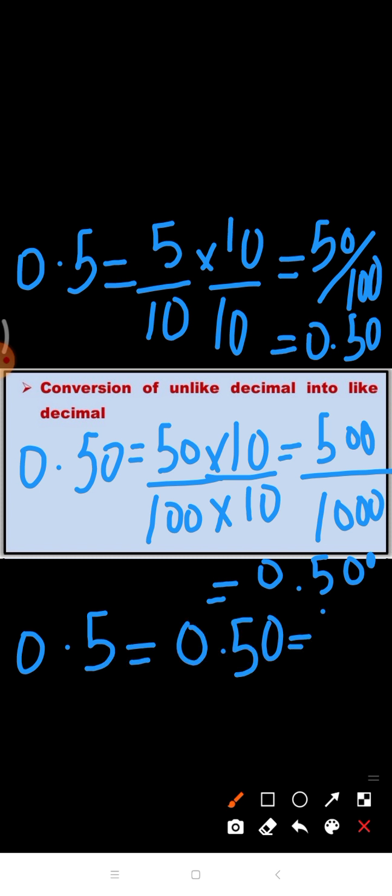It's equal to 0.500. Now students, this means putting any number of zeros to the right side of the decimal number does not change the decimal number. So students, we can use this concept to make unlike decimals to like decimals.